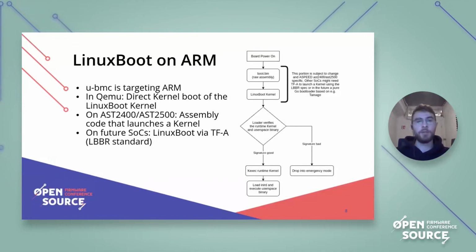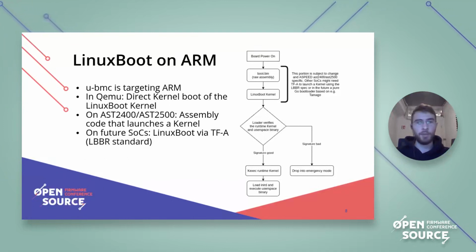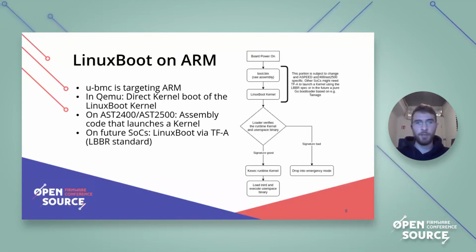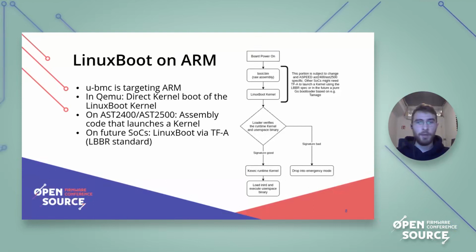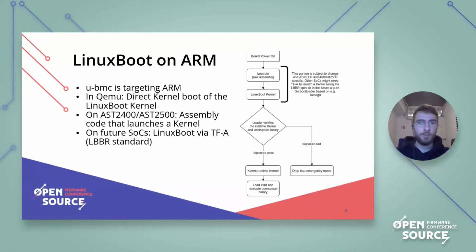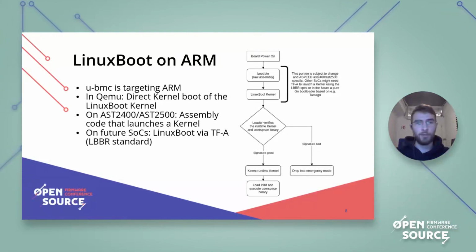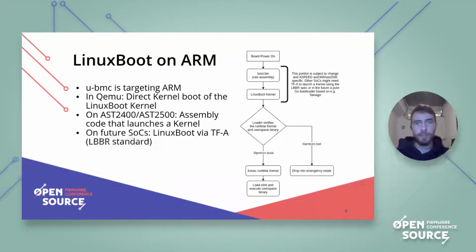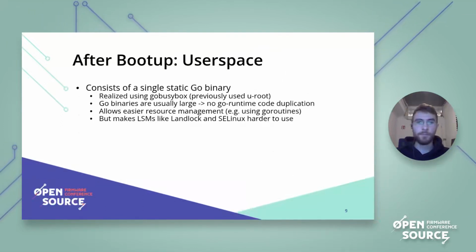Well, on the AST2400 and 2500, which are our main targets, a bit of open source assembly code in our repository is able to train the DRAM and set up a few minimal systems that then allow us to boot directly into a Linux kernel. Other future SoCs could then use the LBBR standardization, which stands for Linux Boot Baseboard Requirements and allows booting the Linux kernel directly from TF-A, which stands for Trusted Firmware-A, on ARMv8 SoCs.